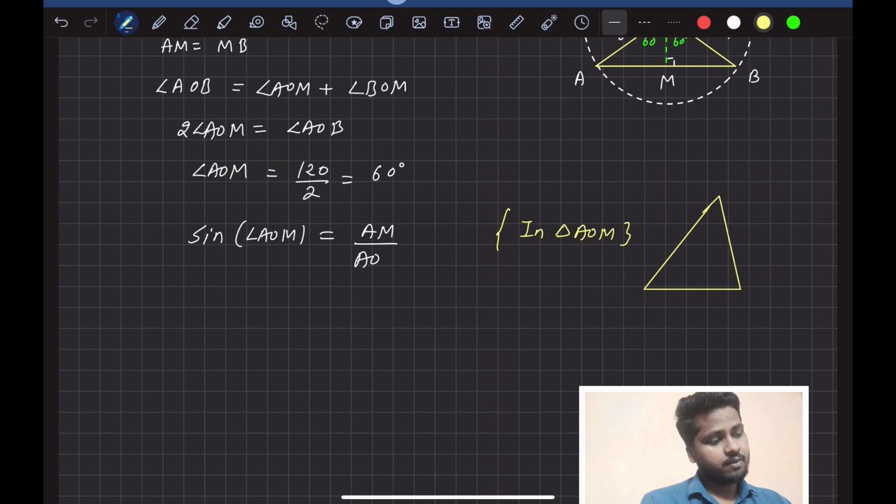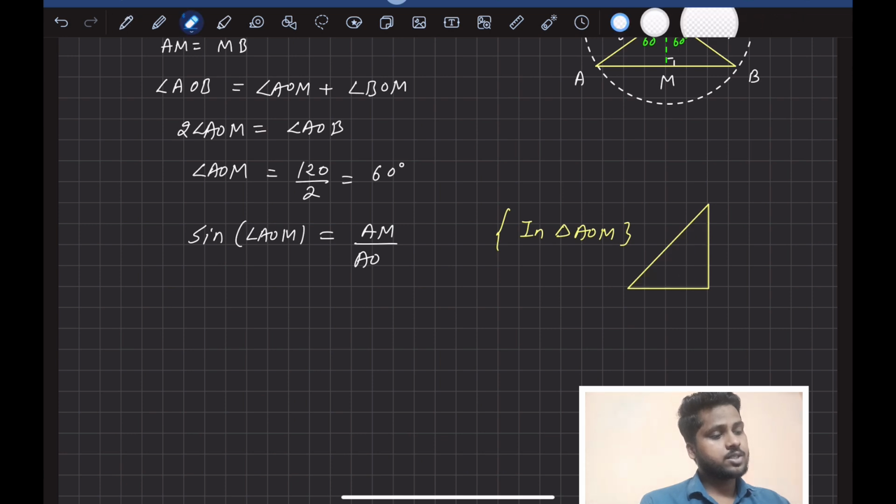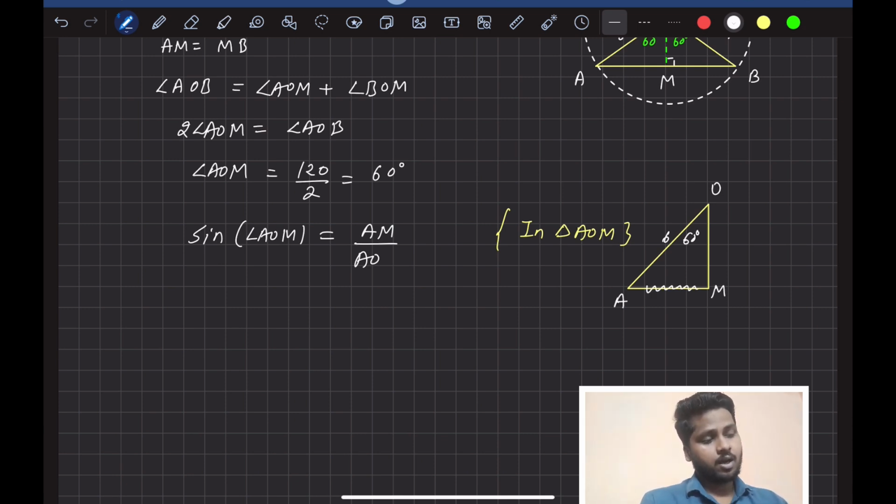Okay, if I make the triangle, then definitely you will get the idea of what I am trying to say. This is 60 degree and it is 6, here O M A. So I can find this value if I have this value. Understanding? So AM upon AO, angle 60 degrees we have. So sine 60 equals AM, and the AO value is also there, that is 6.